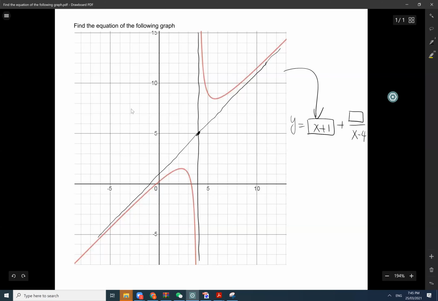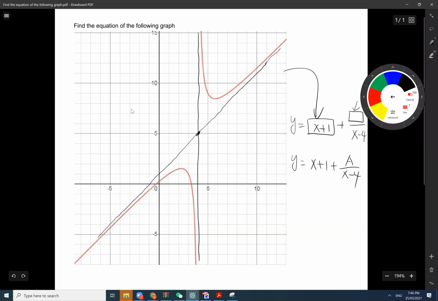We still need some more information. How do we determine the constant here? You just choose a point, some nice point, for example this point. You can choose a point with a whole number value.